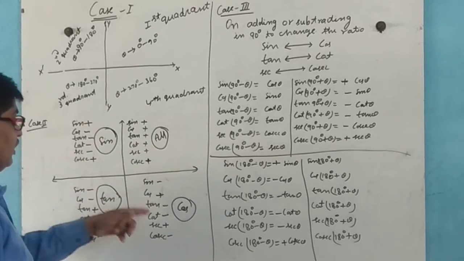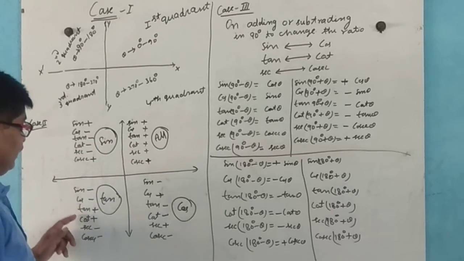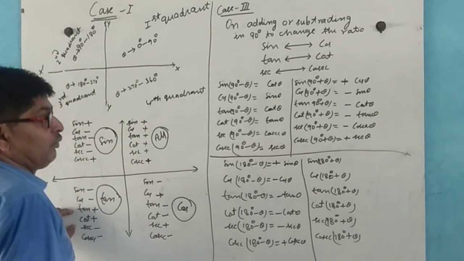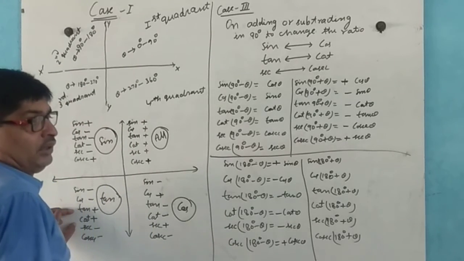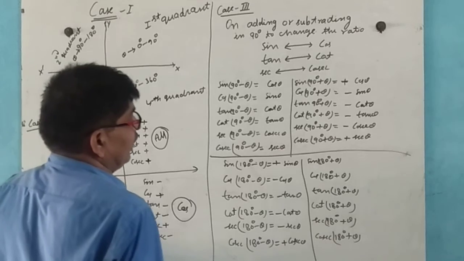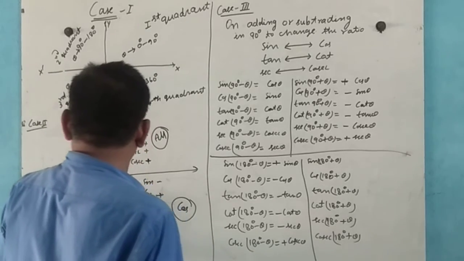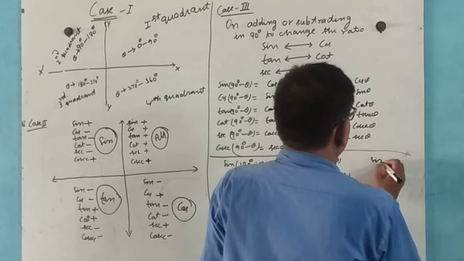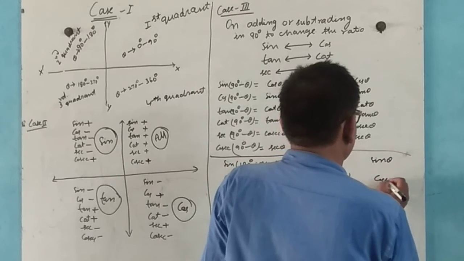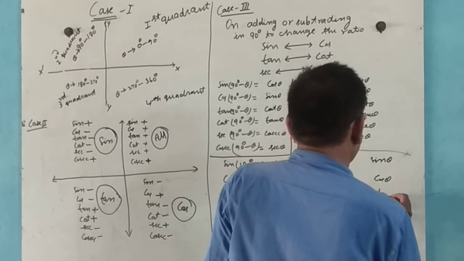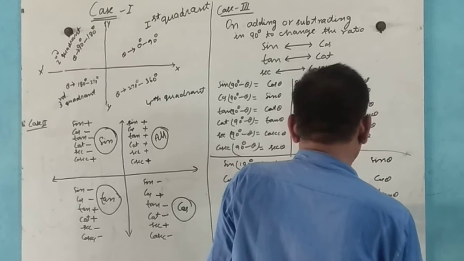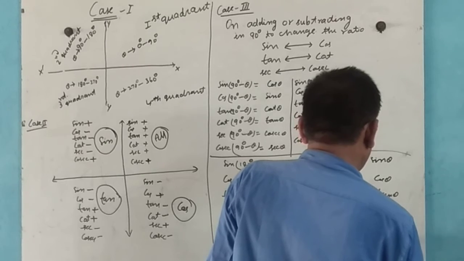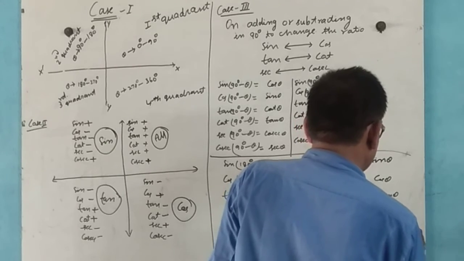Only tan and cot are positive, and the function does not change because the change happens only when adding or subtracting from 90 degree. So sin is equal to sin theta, this is equal to cos theta, this is equal to tan theta, this is equal to cot theta, this is equal to sec theta, and this is equal to cosec theta.